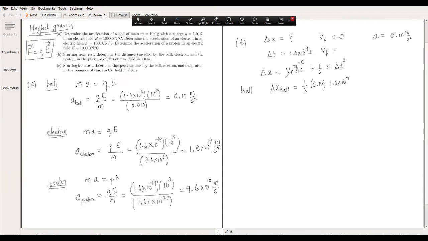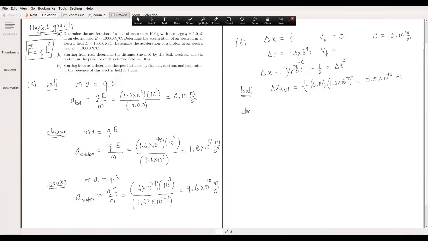So it's 0.5 into 10 raised to minus 18 meters, because this is distance. That's a really tiny distance a ball can move, so it will not be observed at all. That's primarily because the time we are talking about is really tiny.